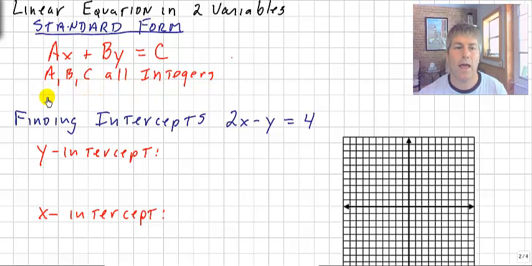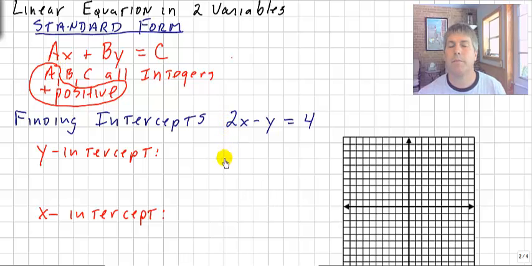And also, A must be a positive integer. So A must be positive. Okay? A has got to be positive. But the rest of them can be any integers that we want, and you can see here b is -1. So a is 2, b is -1, and c is 4. So that is an equation of a line in standard form.